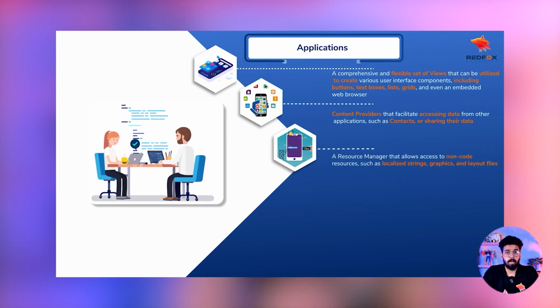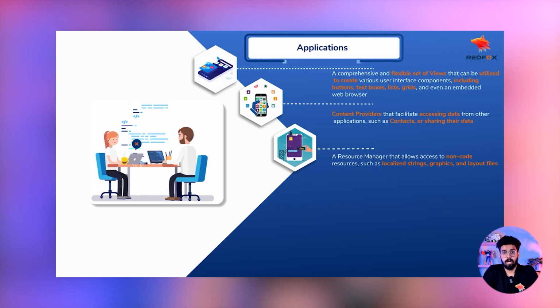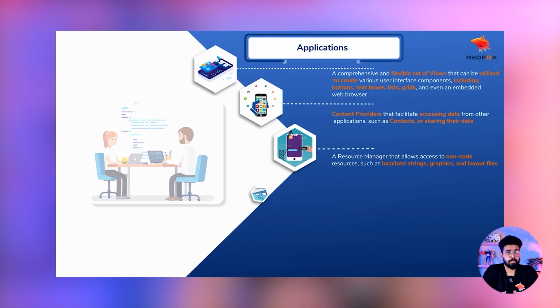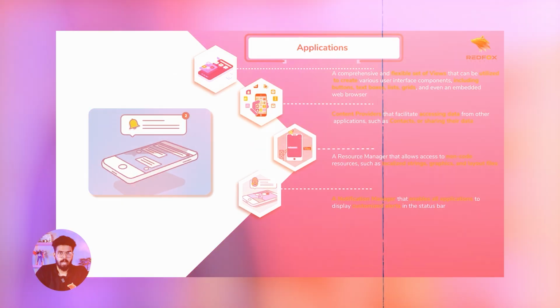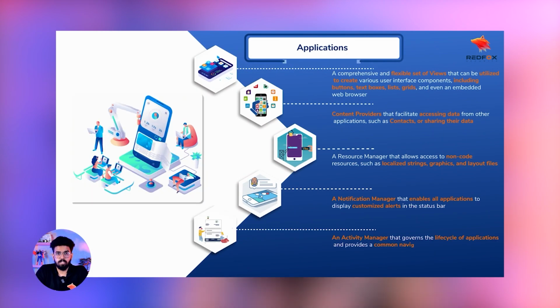A resource manager that allows access to non-code resources such as localized strings, graphics, and layout files. A notification manager that enables all applications to display customized alerts in the status bar. An activity manager that governs the lifecycle of applications and provides a common navigation backstack.